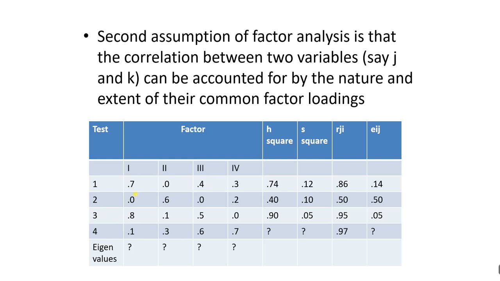Now let us define this factor structure matrix. It is a matrix, and a matrix is defined by rows and columns. So it is a matrix in which the factors are represented in columns and the variables are represented in rows, and the cells consist of the values of factor loadings.